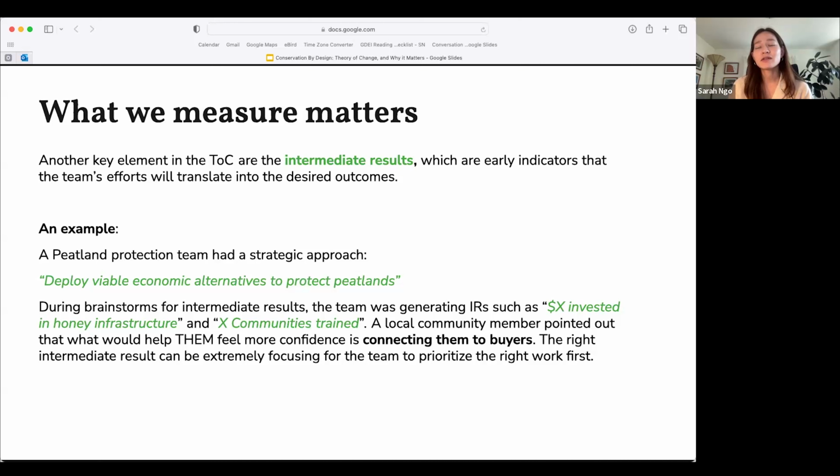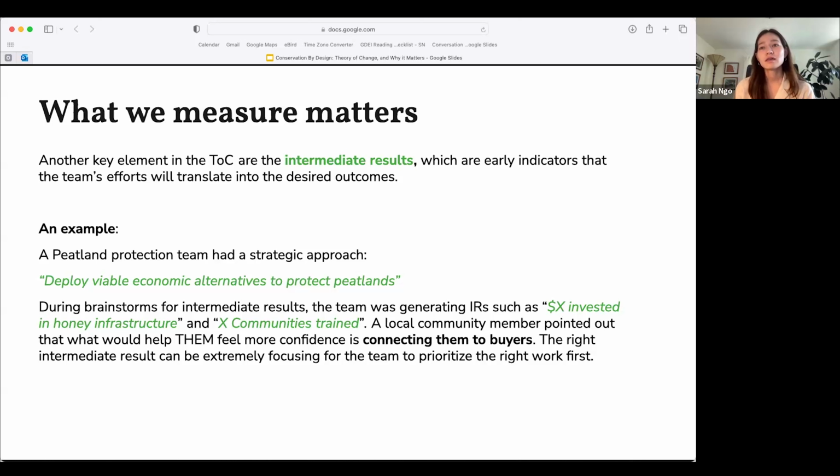And so actually they had a local community member sitting in the workshop, and this local community member pointed out that what would help them be more confident that the team's efforts were leading to actual, viable economic alternatives is connecting to a buyer or a market for the new product.